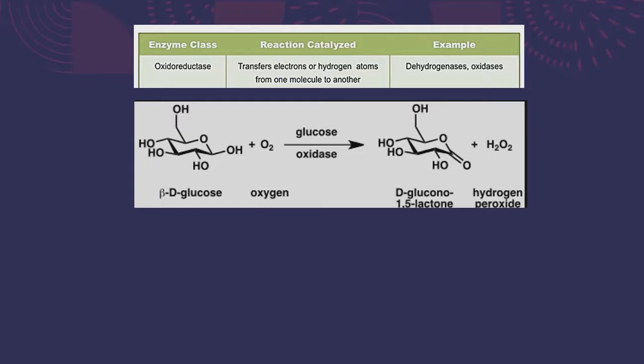Then we have the oxygen. With the use of glucose oxidase enzyme, we are going to transfer that hydrogen into the oxygen, and with that we are going to produce D-glucono-1,5-lactone and hydrogen peroxide as the products of the catalytic reaction.